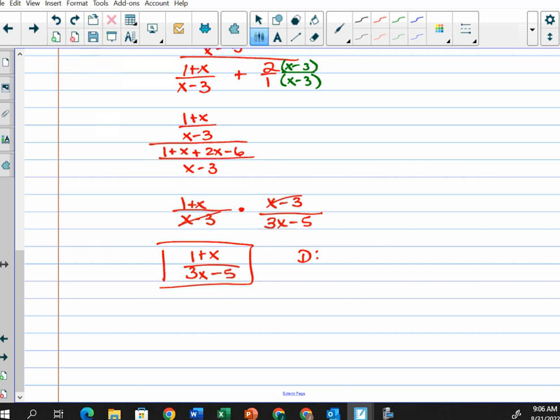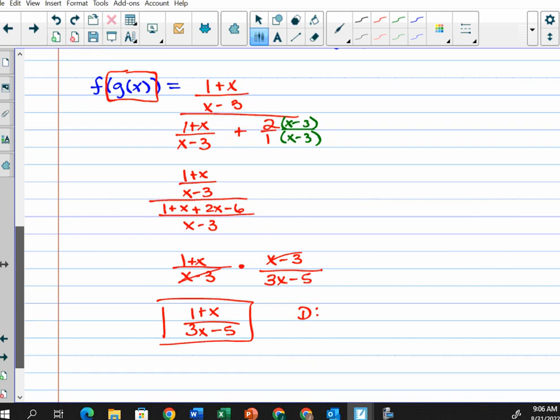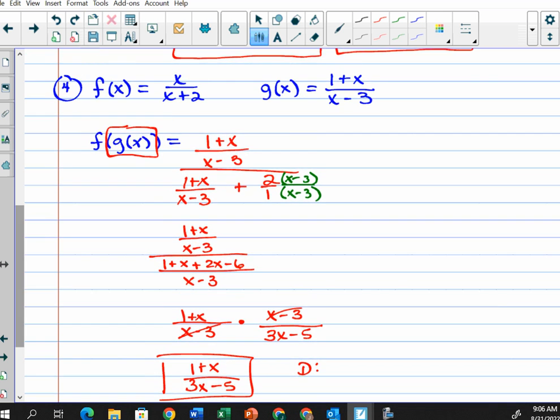Now, domain. Okay, guys. From the end, what do we know x cannot equal? 5/3. Okay, then we have to go back to the beginning. We care about the inside function, the g of x on this one.